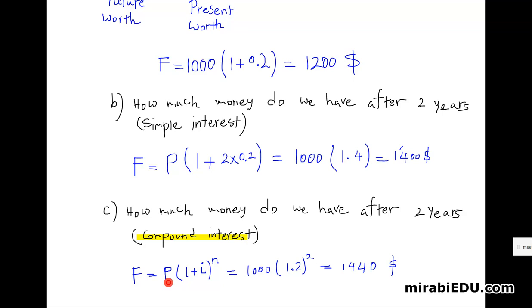I understand it, but we have the same question, right? But how do I know when to use which one? The question is saying clearly. Here the question is saying consider simple interest, and here the question is saying consider compound interest. So it is clear that the question is saying clearly which formula to use. Okay.